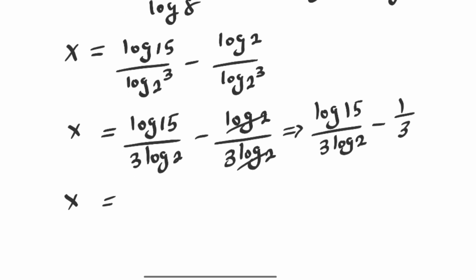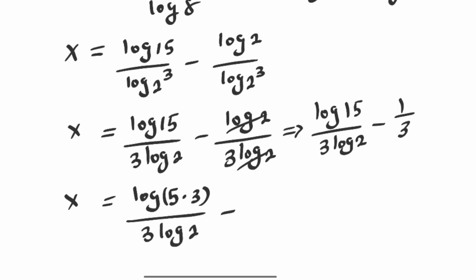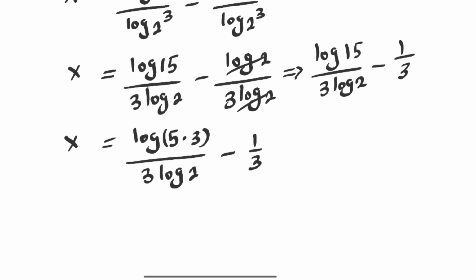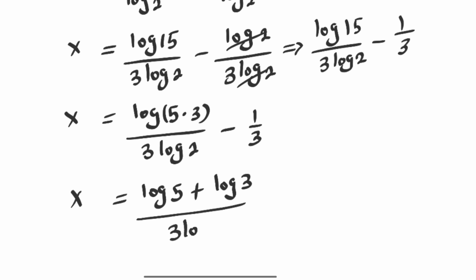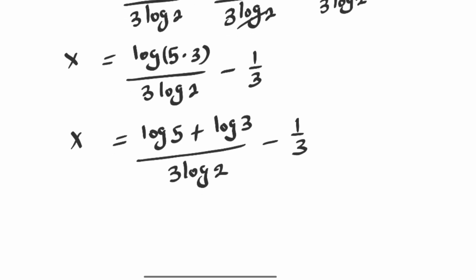x is equal to log 15, which can be written as log 5 multiplied by 3, over 3 log 2, minus 1 over 3. x is equal to log 5 multiplied by 3, which can be written as log 5 plus log 3, over 3 log 2, minus 1 over 3.